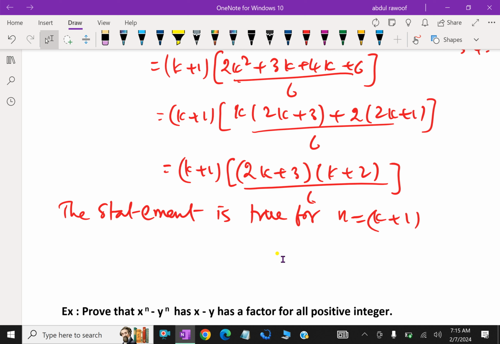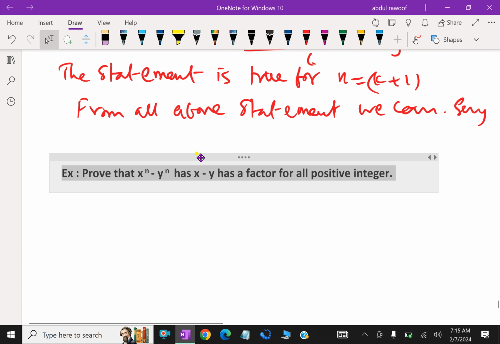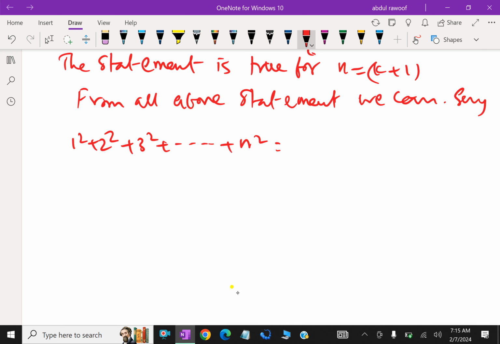If it is true for n equal to k, and since it is true for n equal to 1, so from all the above statements we can say 1 square plus 2 square plus 3 square up to n square equals 1 over 6 n into n plus 1 into 2n plus 1.